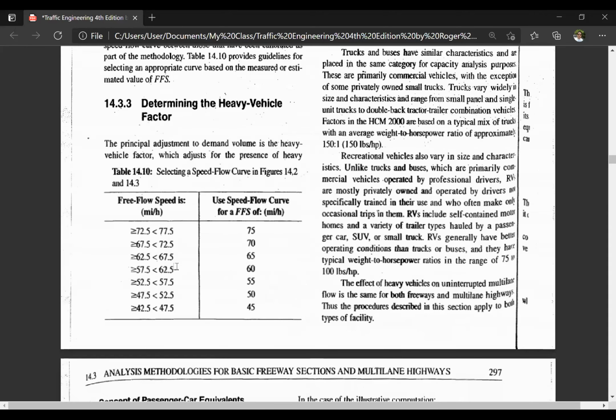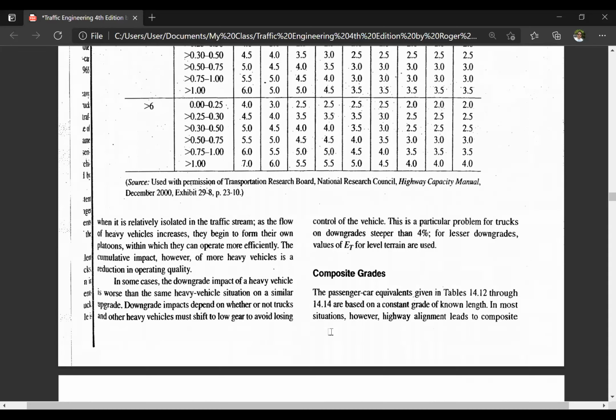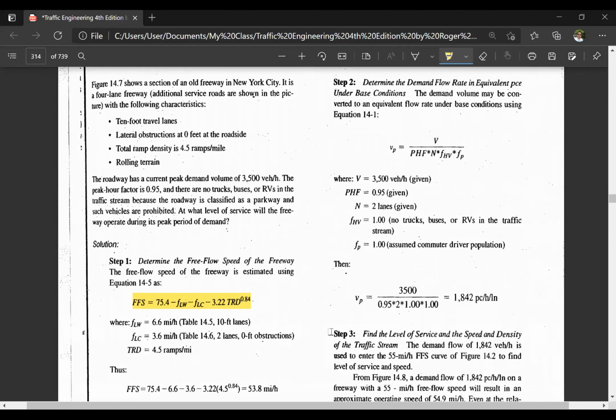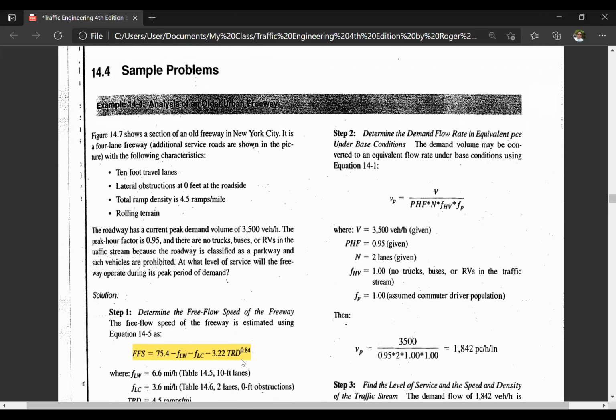So which category does it fall into? It falls into this, right? We use the 55 miles per hour speed-flow curve to represent base condition. The next step, identify demand flow rate.